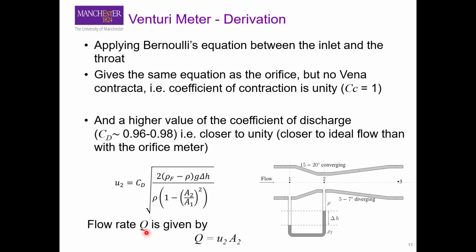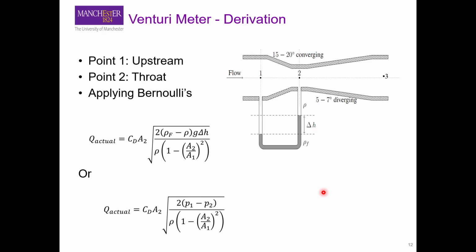And we can calculate the flow rate from this equation again just by multiplying it by the area A2, that is the area here. And the difference is that, for the case of the vena contracta, for the case of the Venturi meter, we know the A2, we don't need to calculate it like we did for the orifice meter.